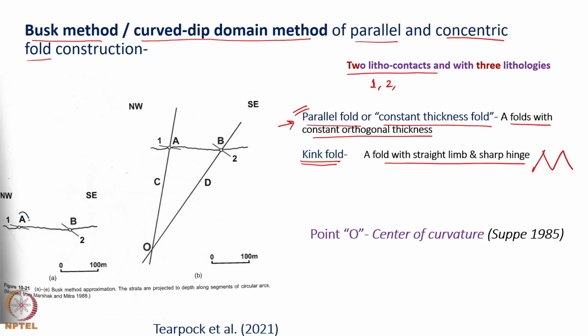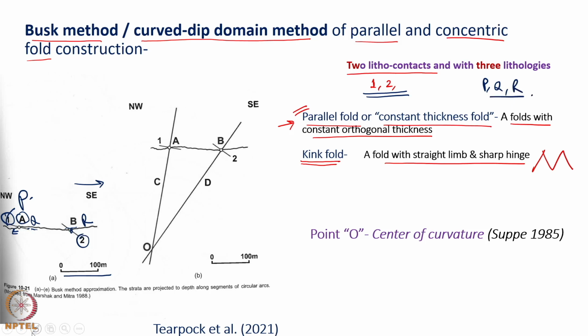The geologist at point A has found on the left hand side lithology P, and as he goes towards point B he finds lithology Q, and then as he crosses point B, following some scale and some geographic direction, he finds lithology R. So, we are dealing with two litho contacts, 1 and 2, and 3 lithologies P, Q and R.